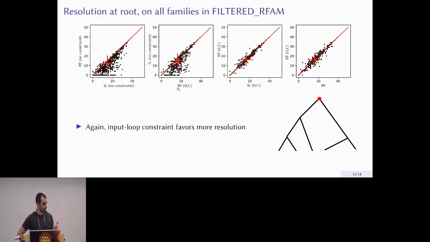But the RF distance with a constraint gives you more resolution than the IL distance with no constraint, and so on. Okay, and the best resolution is obtained when you put this ILC constraint, input loop constraint, on our algorithms.